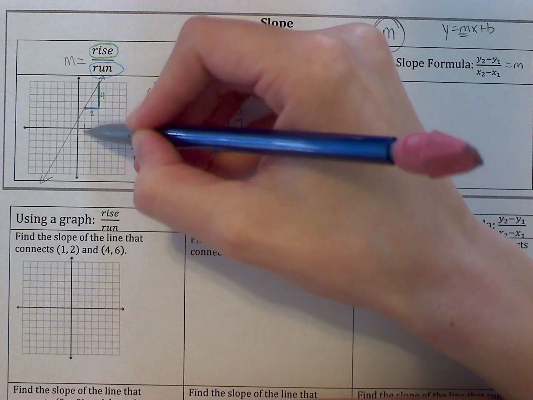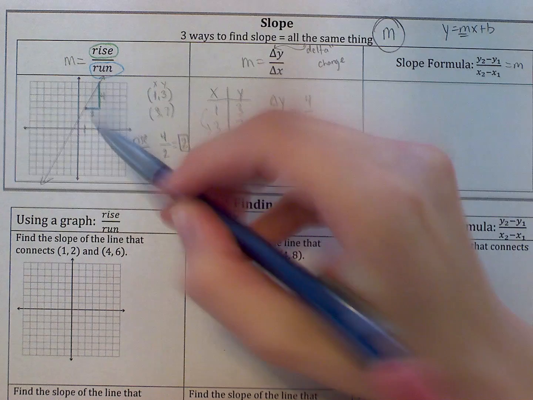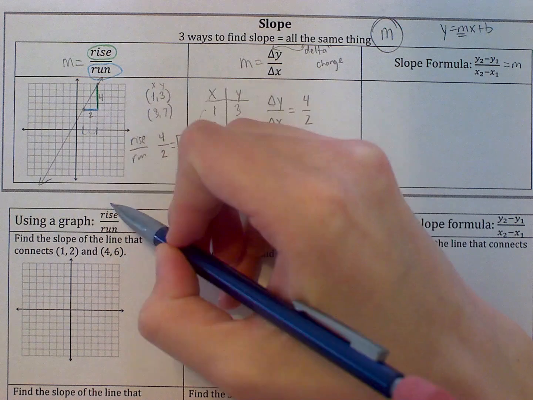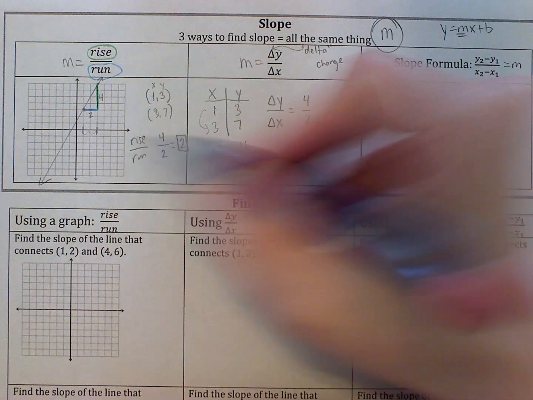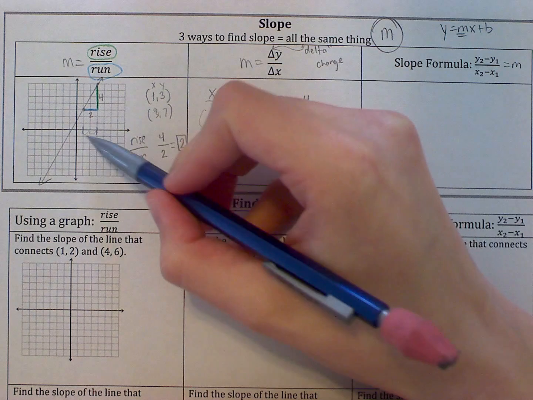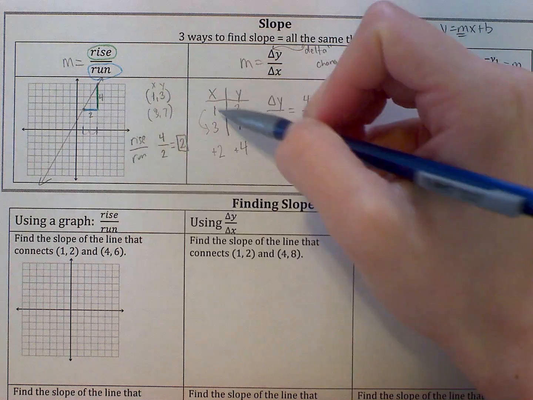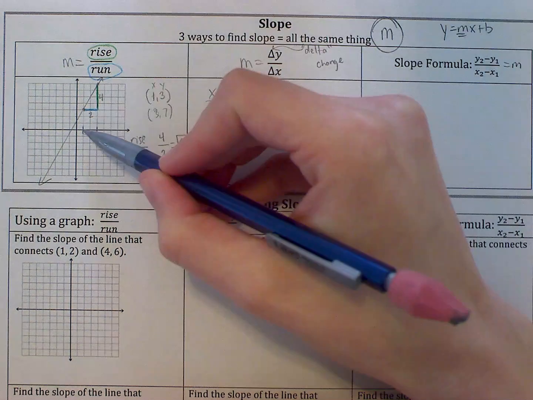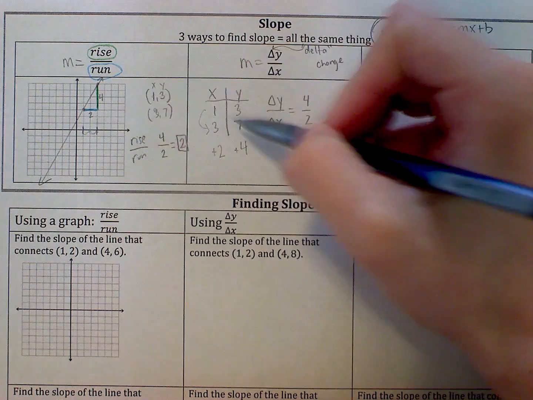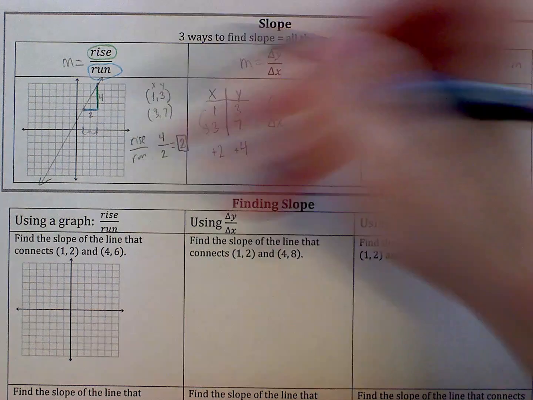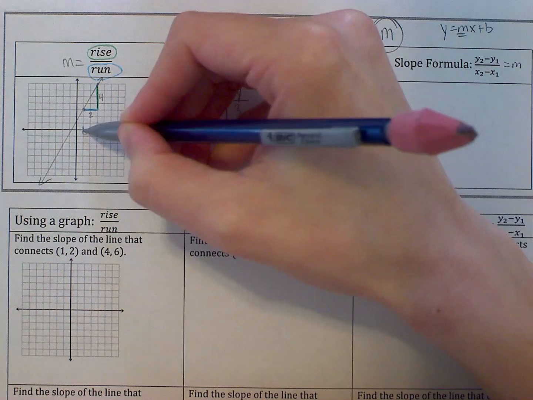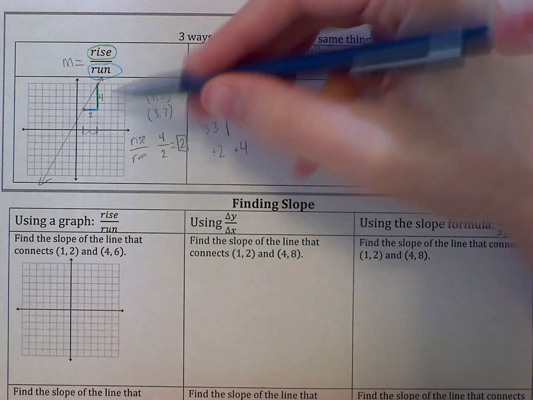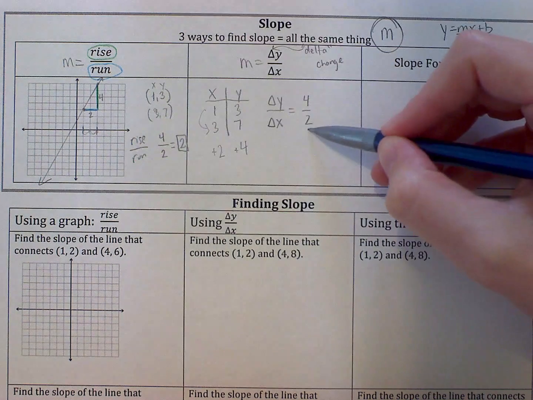Here's the x value of 1, and here's the x value of 3, and it's 2 spaces. It's also plus 2, right? That's not a coincidence. That's because these spaces on the graph represent numbers. So to get from 1 to 3 is 2 spaces, and I would add 2. So that's the x value changing by 2 units. So that's the change in x.